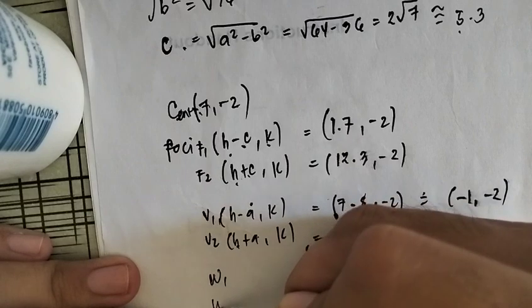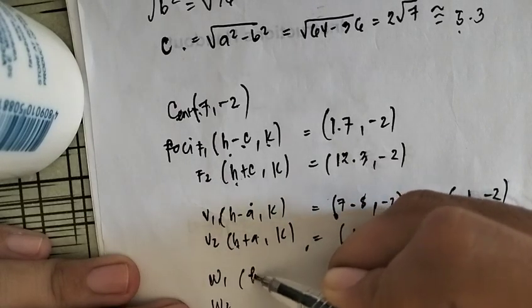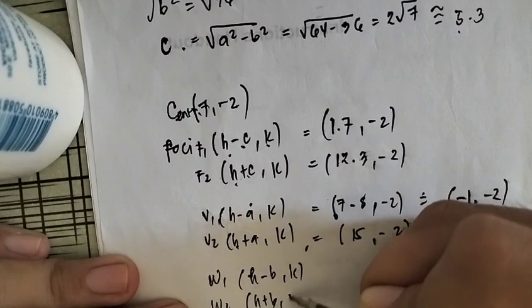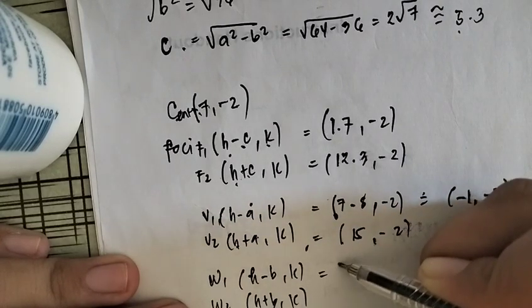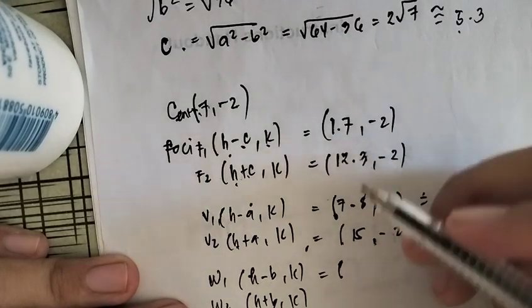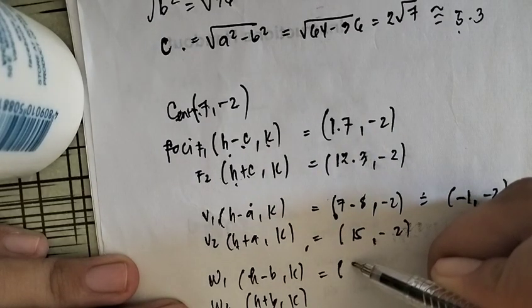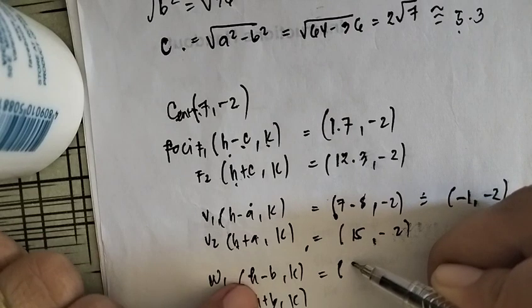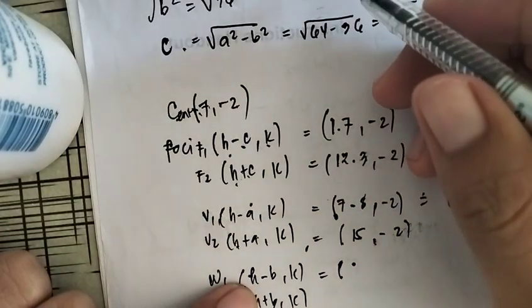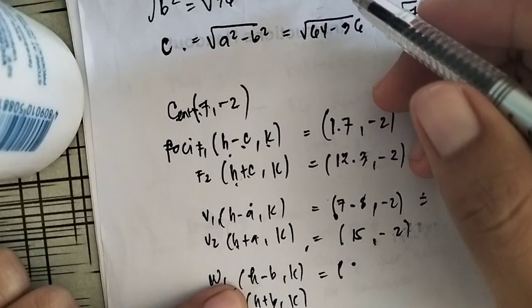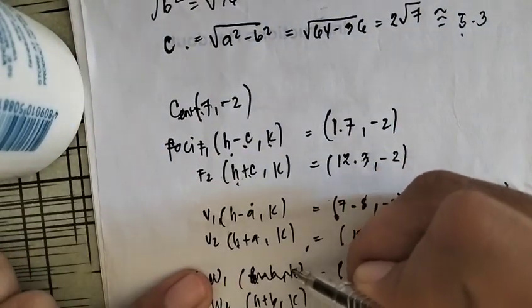So, co-vertices, yung siyang H minus B, K, H plus B, K. So, this is 7 minus B nga 6. 7 minus 6 is 7 minus 6. 6 ba ang sakuan? Kabali siya. Dili dapat nani.